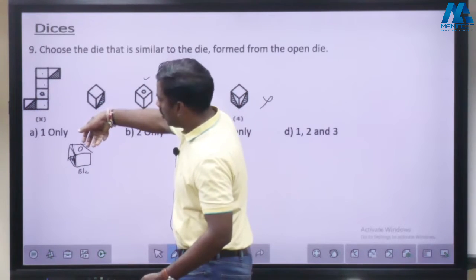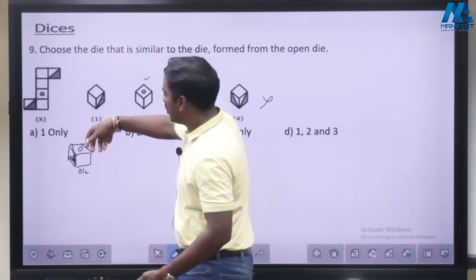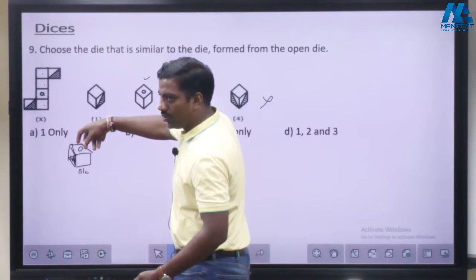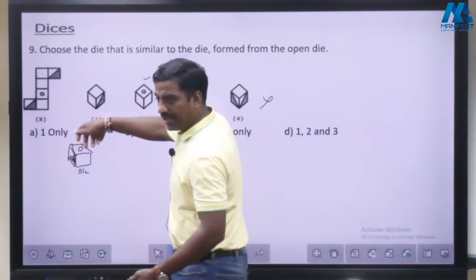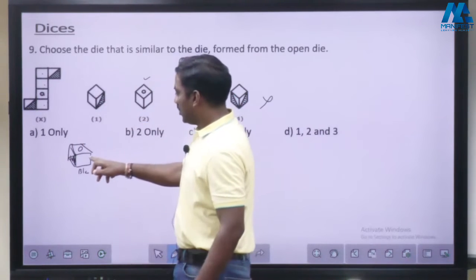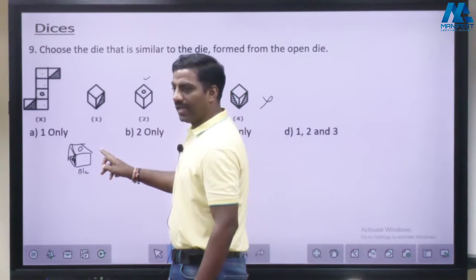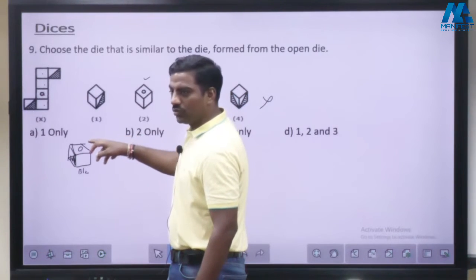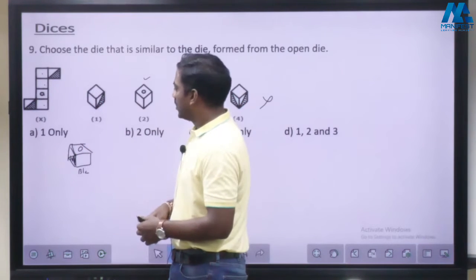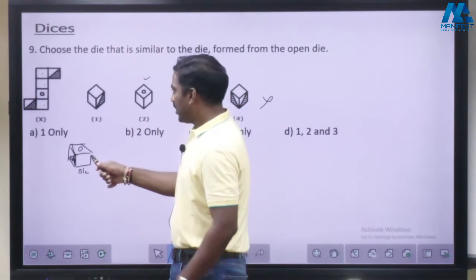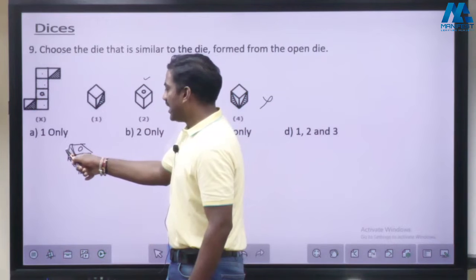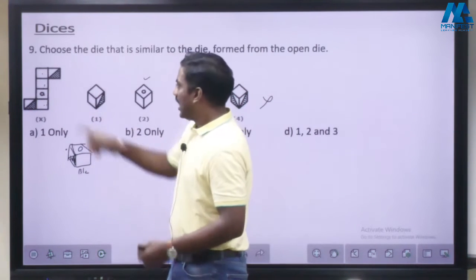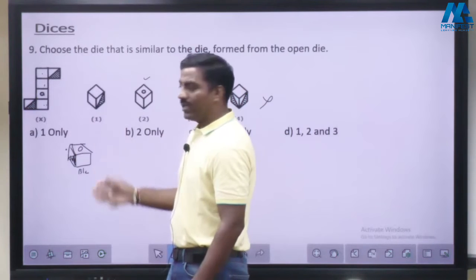Then rotate it to what? 180 degree, 90 degree, 90 degree. One blank has to go backside. And opposite of this will be another blank. This blank and this blank. And where is this blank now? It is in the bottom.